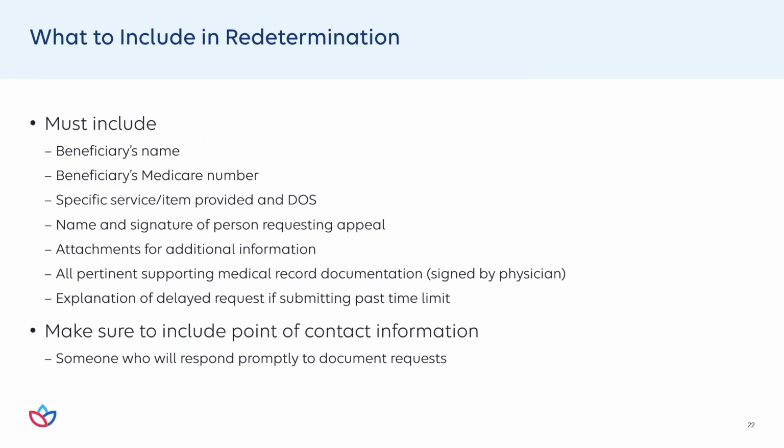And then Jessica had talked about timely filing, but if you are past that timely filing limit, you want to certainly include an explanation of the delayed request if you're submitting past that time limit. And then when we talk about point of contact information, you want to include someone who will respond promptly to documentation requests.